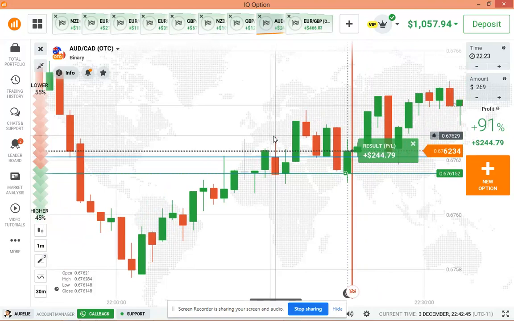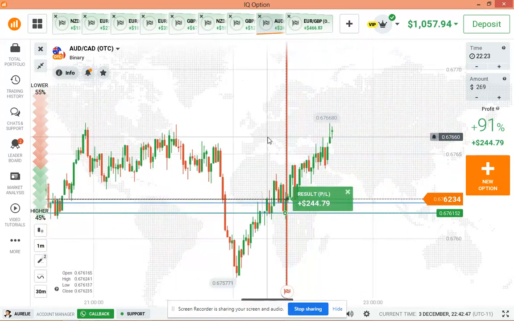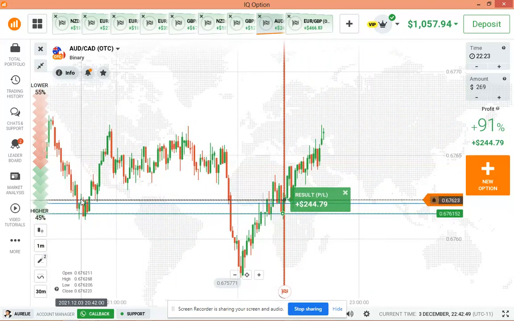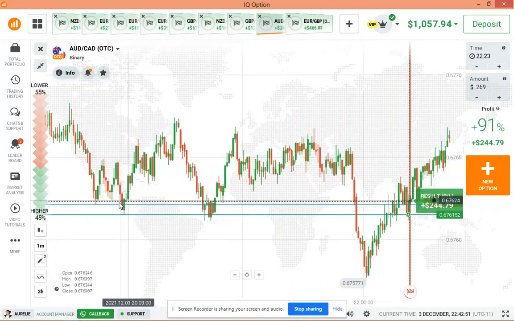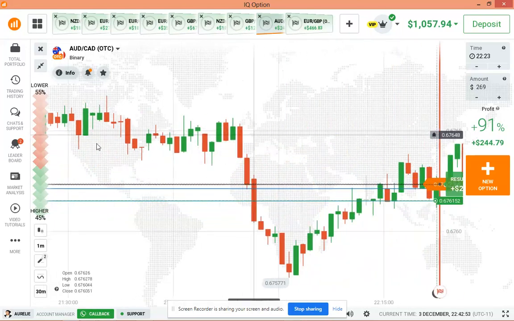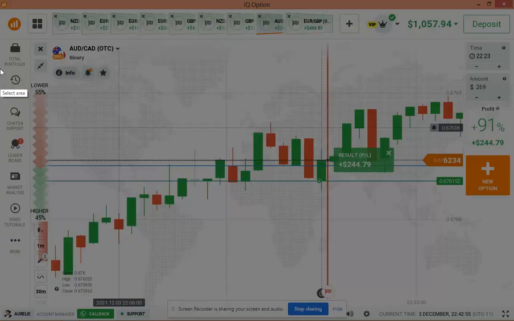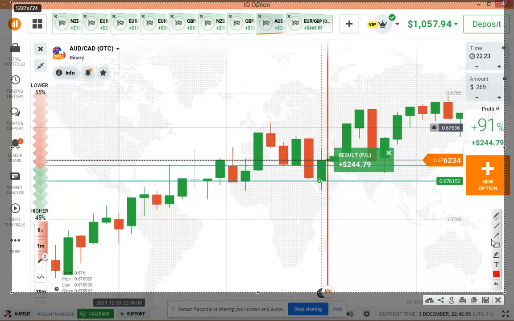So here, the same analysis. You see so many reversals here. Here we have the bullish movement, that is the buyers' movement. They stopped here and then the market reversed. From that same point, the market still continued.